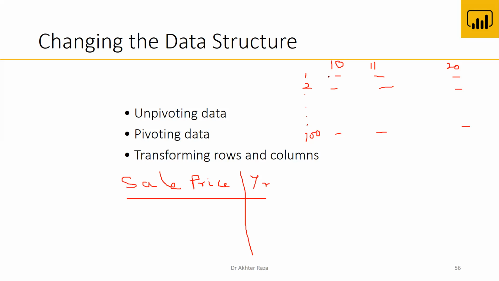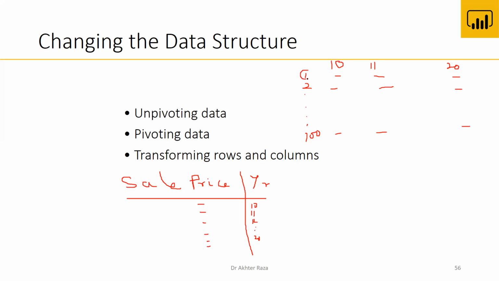Now, we want to spread these entries, 2010, 2011. These are the sale prices for customer number one. So we have 2010, 11, 12, and so on, up to 20, and all of these sale prices should be represented here.